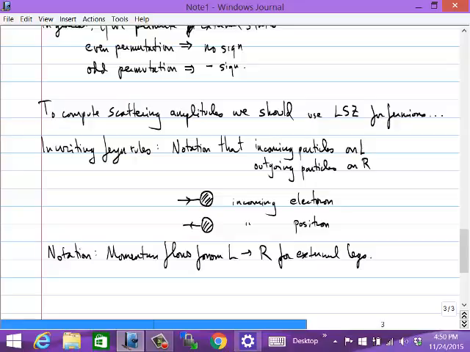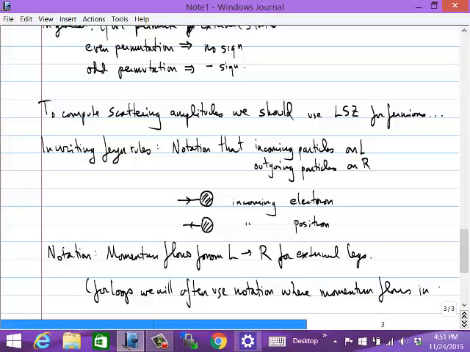For legs that are arranged vertically, we're going to have to keep track of which direction the momentum flows explicitly. And generally, for loops, we will often use the notation where momentum flows in the direction of particle flow.